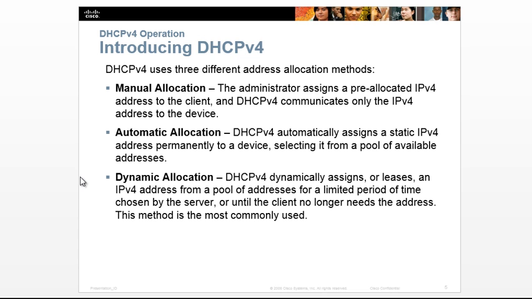And then in dynamic, your IP4 is leased from a pool, and that machine has that address for a limited period of time chosen by the server, or until the client no longer needs it, so the client releases it. This is what's commonly used. Almost everything that I've ever done has been dynamic allocation because it's fairly easy to set up and it's easy to maintain.